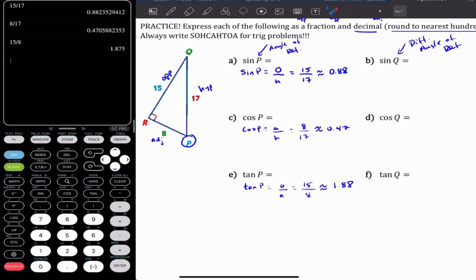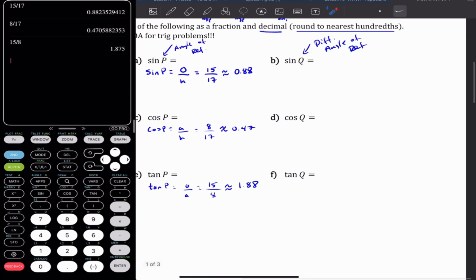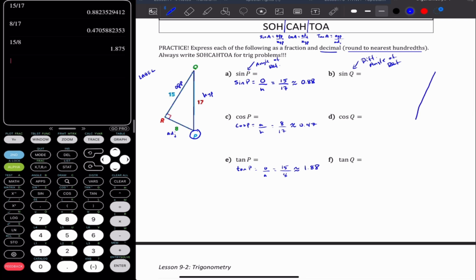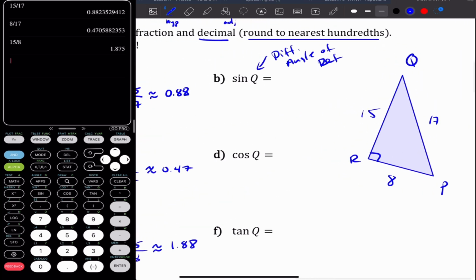So instead of confusing things, and having to relabel everything because we have a different angle of reference, I'm just going to redraw this picture. So here's my right triangle. And this is Q, R, P. It's a right angle, 17, 15, and 8, okay? There you go.